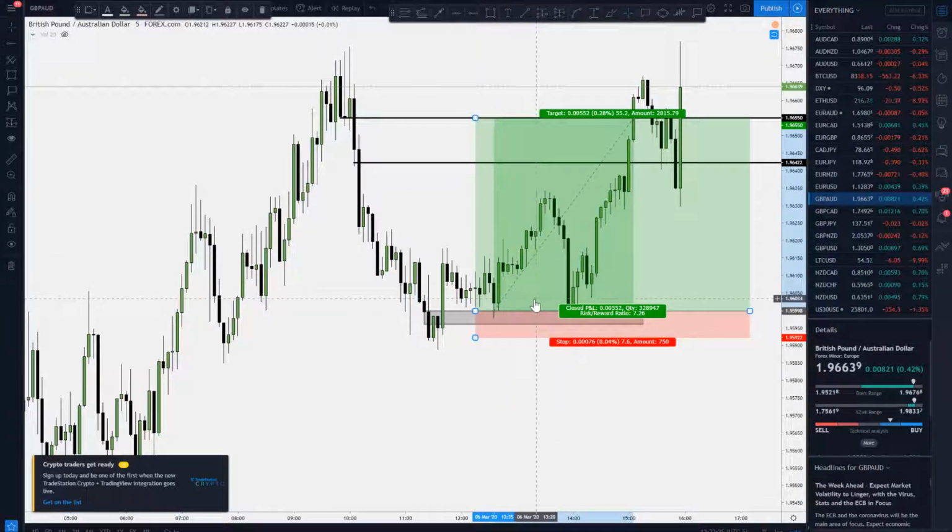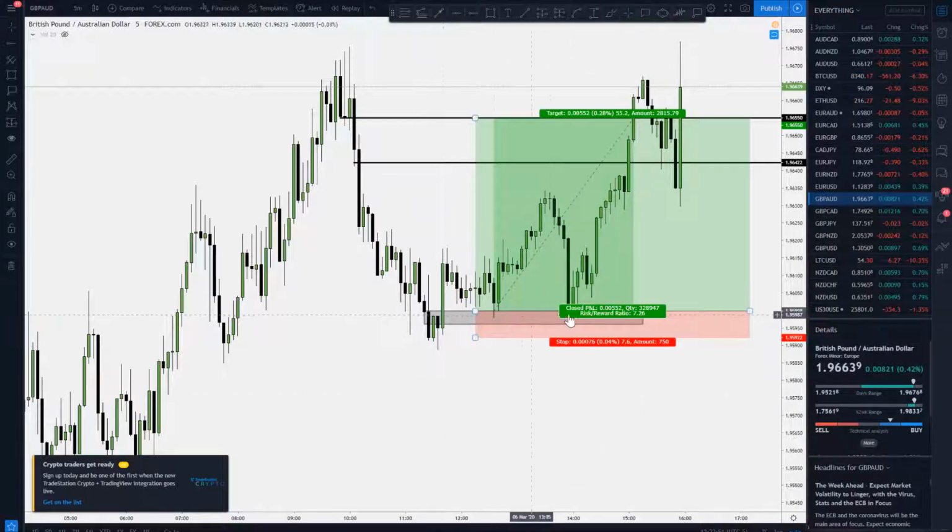Now, is this the point where we can put our stop loss at break even? This is not where I would do it yet. I would wait for price. Normally, when price goes up, I would wait for another dip down and then another dip up to move it to break even. But in this case, when price did come up, it came back down and actually hit us in directly again.